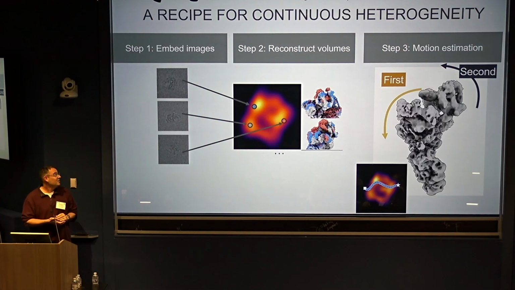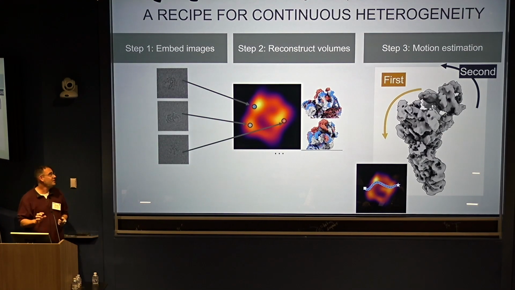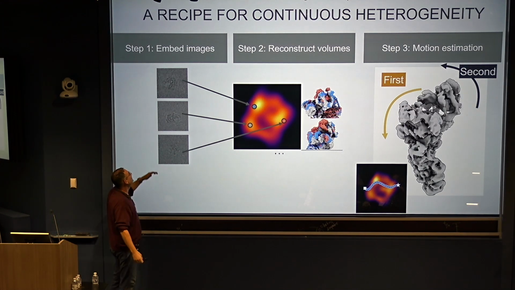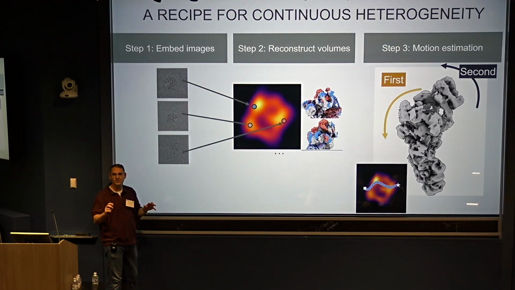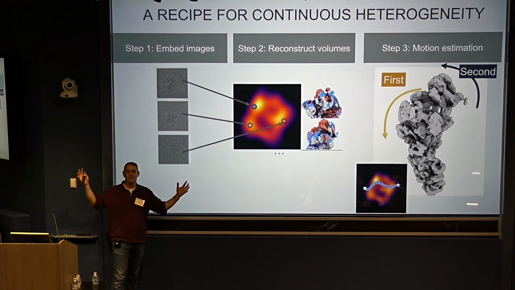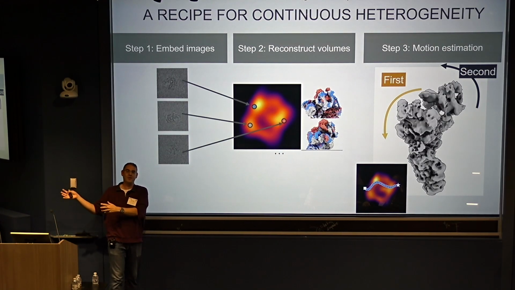All these methods actually operate in 3 stages. The first step is usually you get the noisy projection images. You assume that you already know the rotations. These are usually much larger molecules, so unlike the first part of my talk, you can actually estimate rotations.